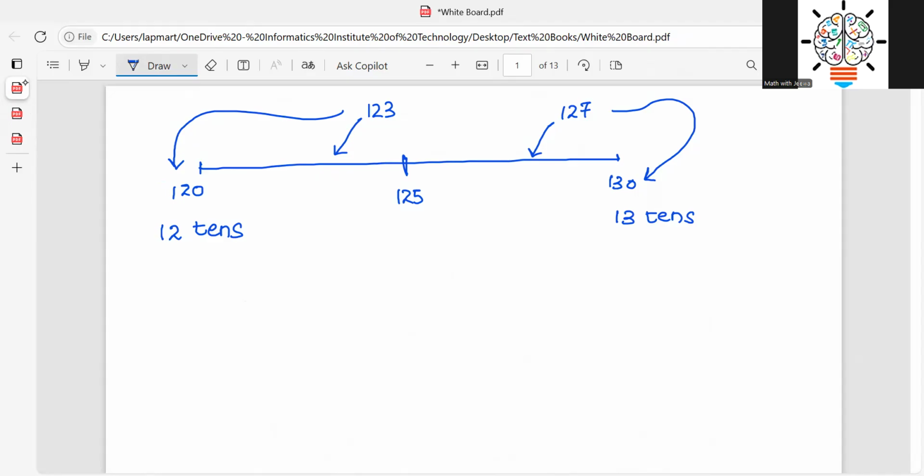The exact middle point is 125. Something which is less than 125 is closer to 120. Something more than 125 should be closer to 130. 120 is 12 tens, 130 means 13 tens, right? You want to copy down this also in your theory book.